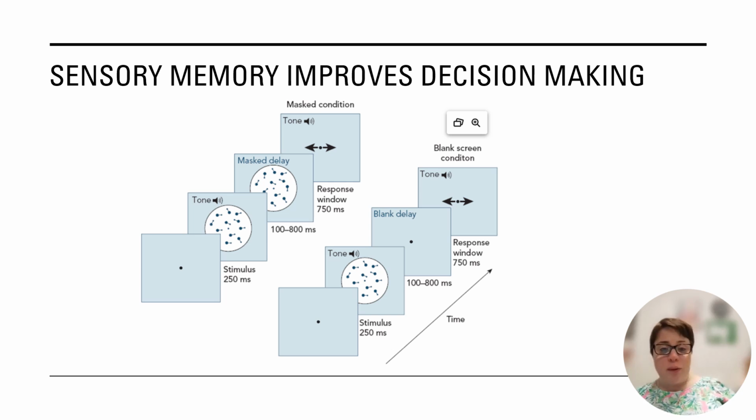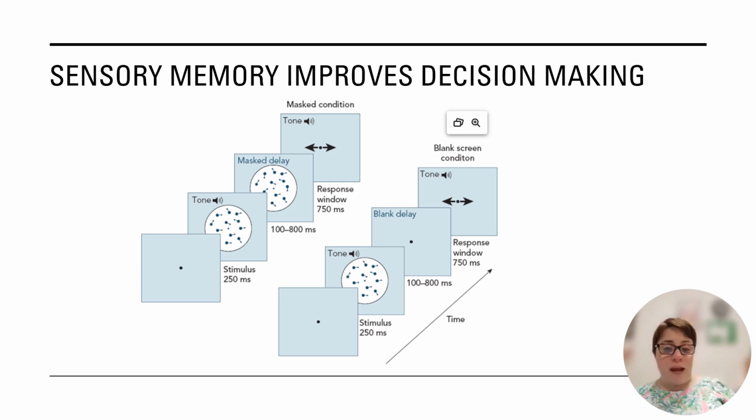So in their 2013 experiment, Vlasova and Pearson presented participants with a 250 millisecond array of randomly moving dots that were drifting to the right or to the left.